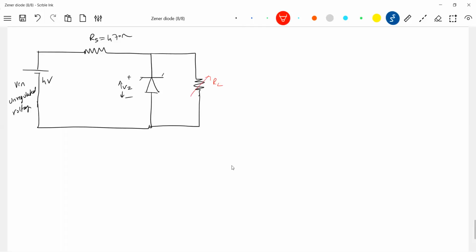Possible values of that we have to know. And what are the conditions given? VZ is 12 volt, PZ max is 250. What are the possible values of load, values of RL, that can be introduced in the circuit?